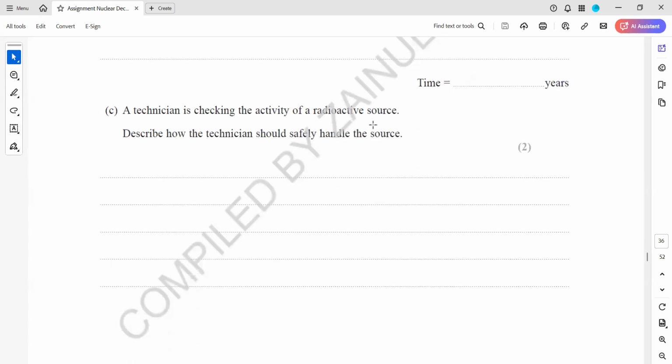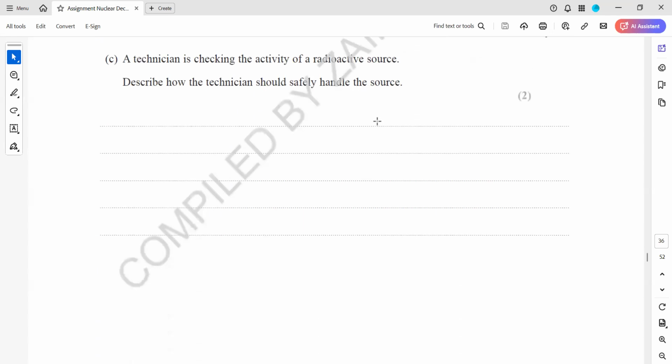Next is: a technician is checking the activity of a radioactive source. Describe how a technician should safely handle the source. If you are handling a radioactive source, what should we do? We should always use tongs or forceps or tweezers. The exposure time should be as minimum as possible.